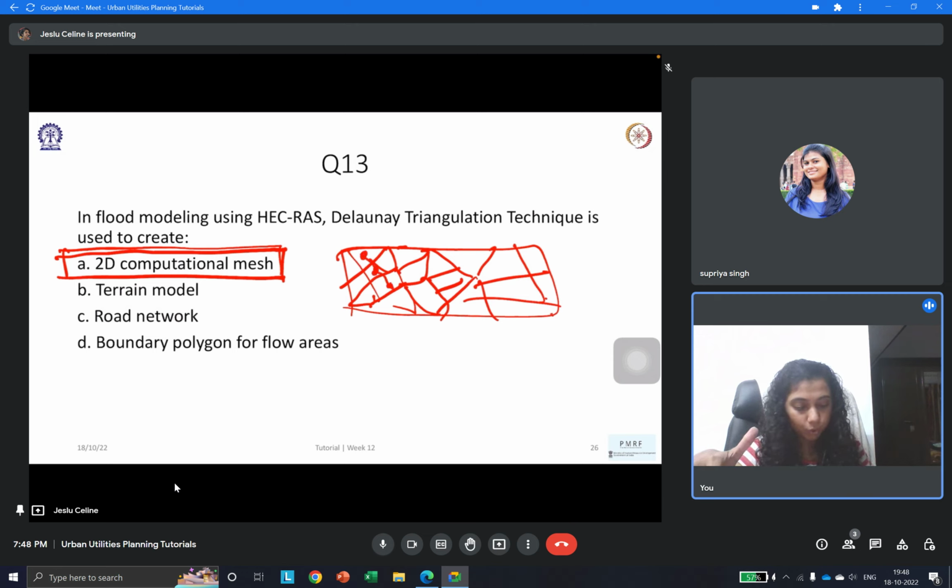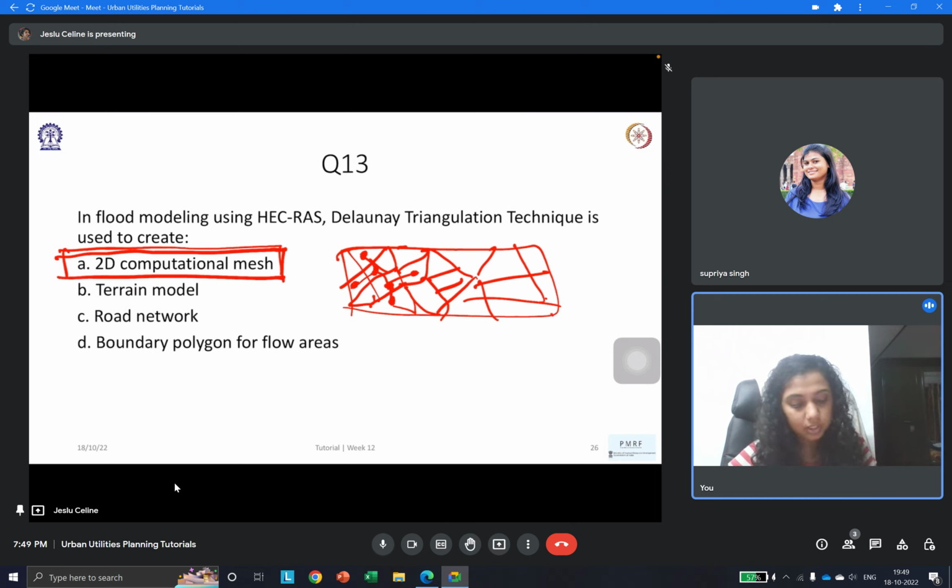Will it flow here, or to this mesh or that mesh? That is what the software mainly determines. From one mesh to the next, how does the flow happen? Based on computation, on all the factors it considers, it will do that. So the mesh is very important.